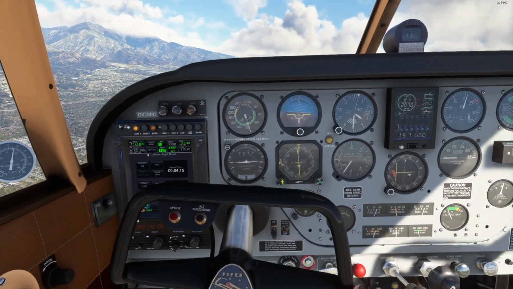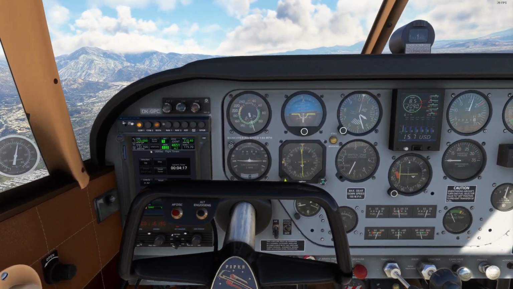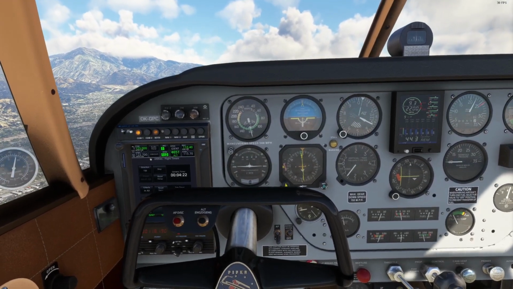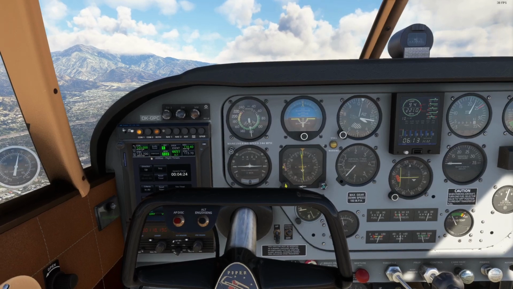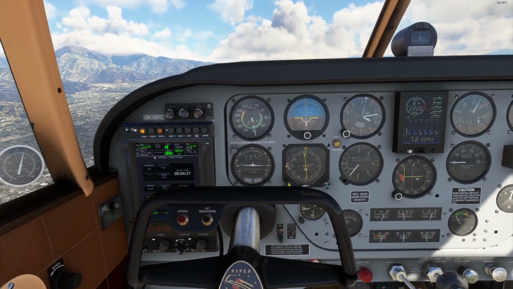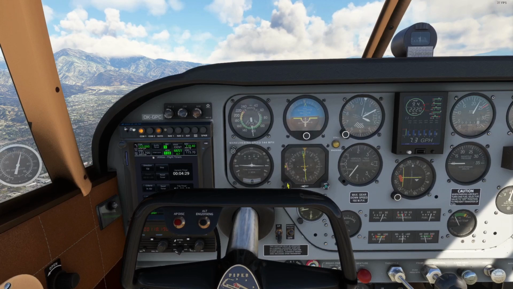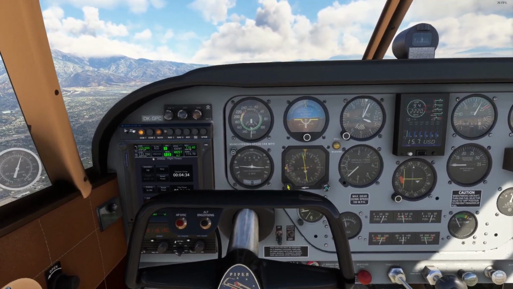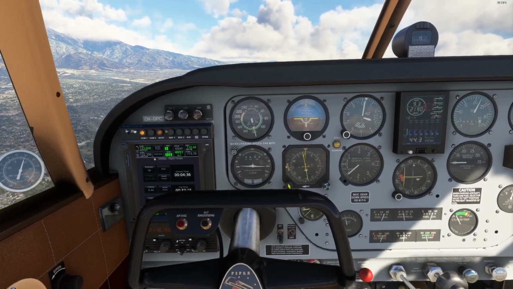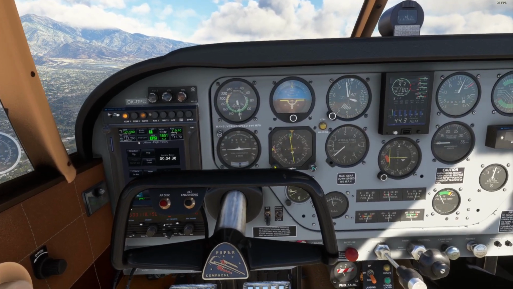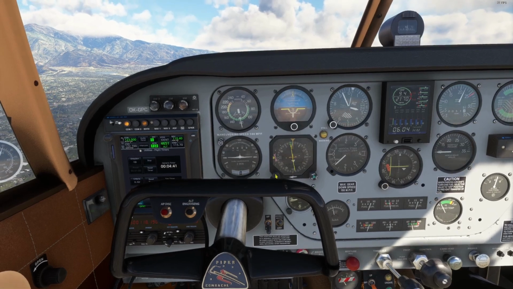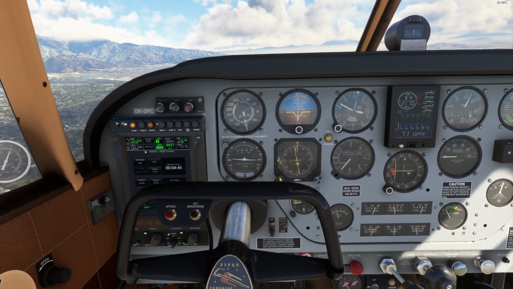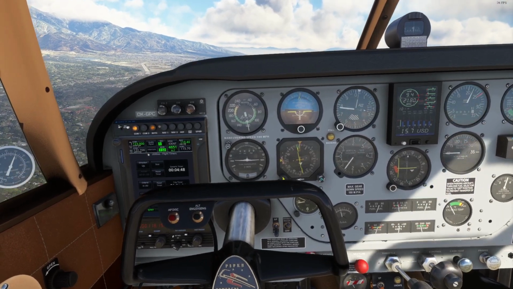Distance. Yeah, that's better. Yeah, let's descend all the way down. Can do flaps too. 2,240 is my MDA.